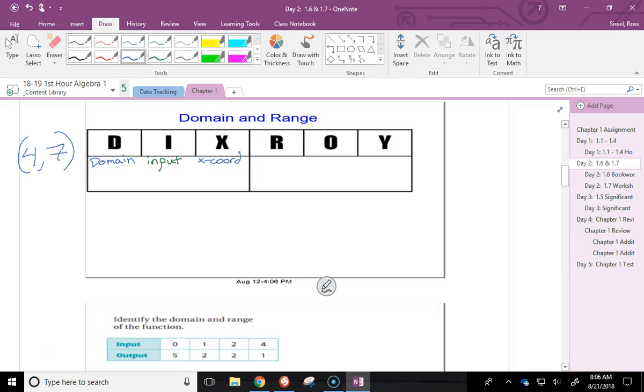You'll refer to that first value of our coordinates as 3 different names if you want. It could be known as your domain, it could be known as your input, it can also be known as your x-coordinate.